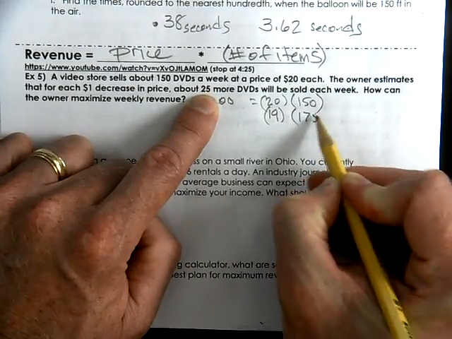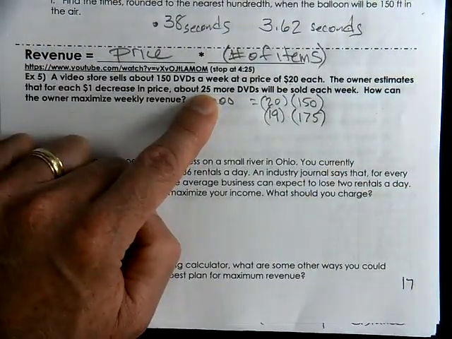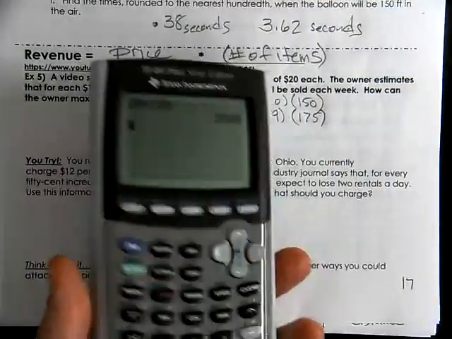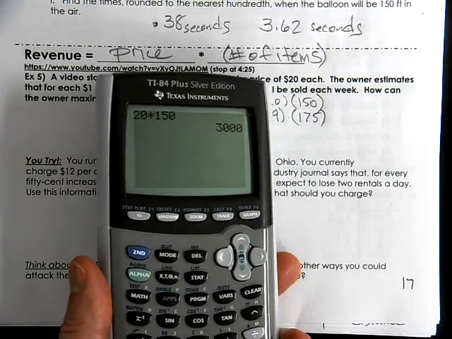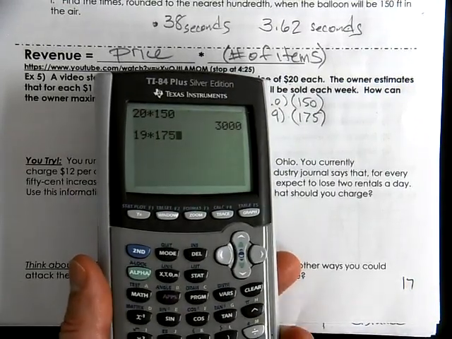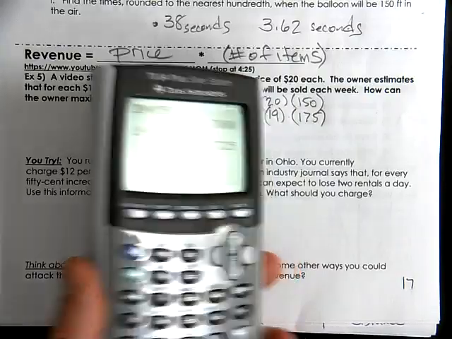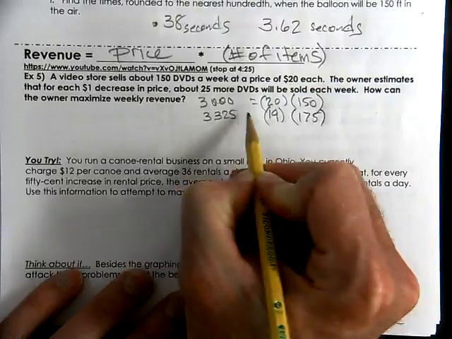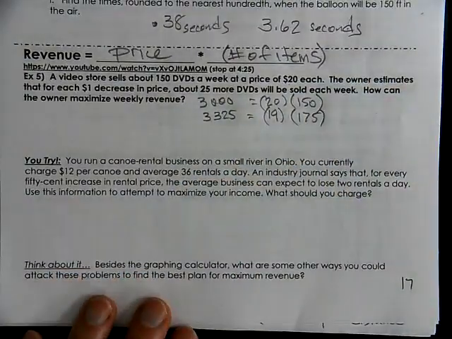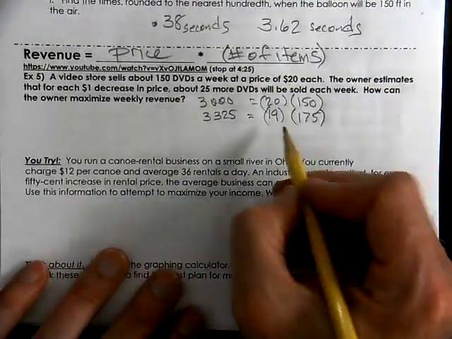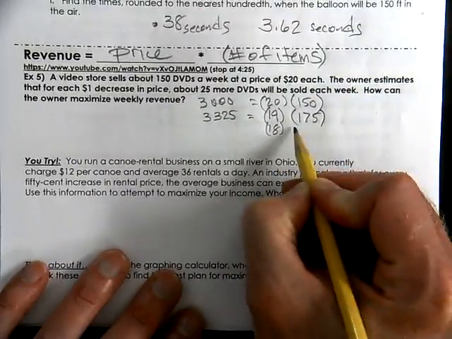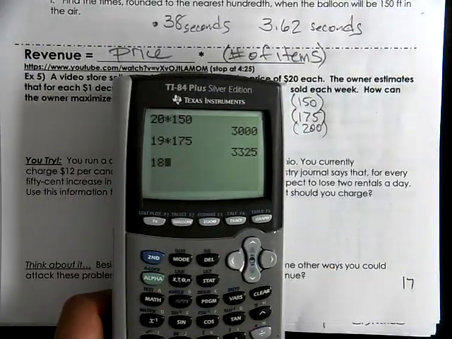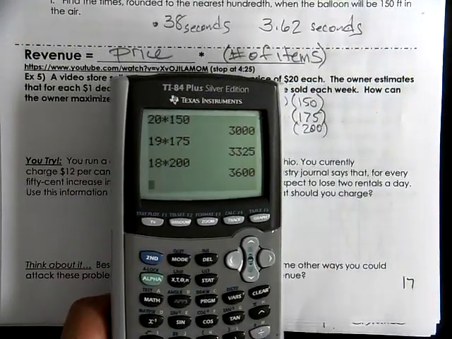So we're going to have 175 DVDs being sold. 150 plus 25 is 175. 19 times 175 is 3,325. We do it again. $18. 200 DVDs. 3,600.